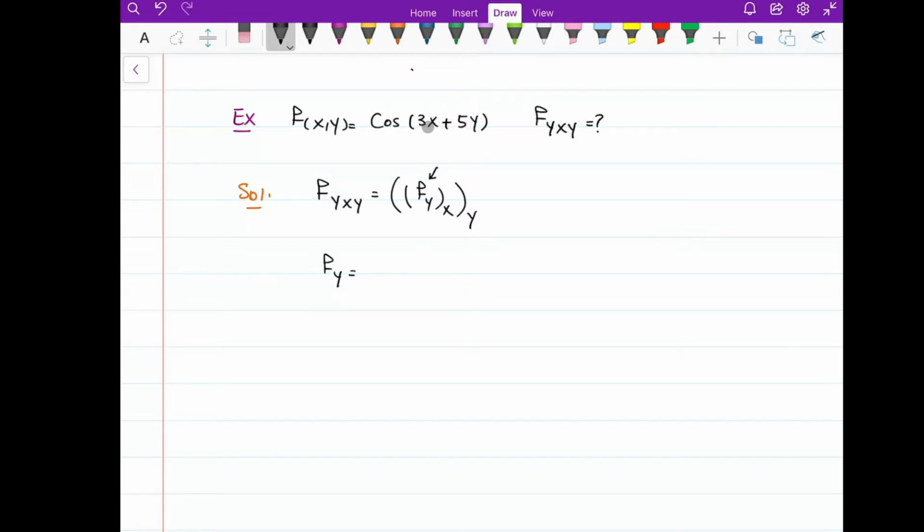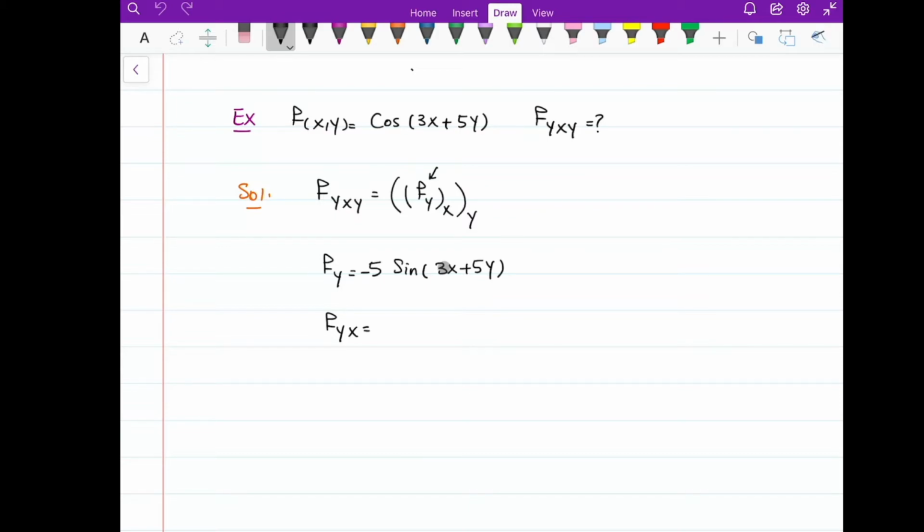x is a constant, so for example, I have 3x plus 5y. The derivative of that would be 5. The derivative of cosine is negative sine, so I get negative 5 sine of 3x plus 5y. Then for fyx, I'm going to take the derivative of that with respect to x. y is a constant.